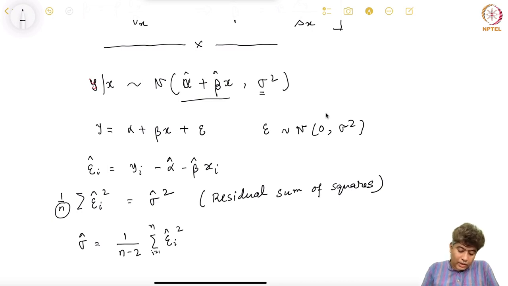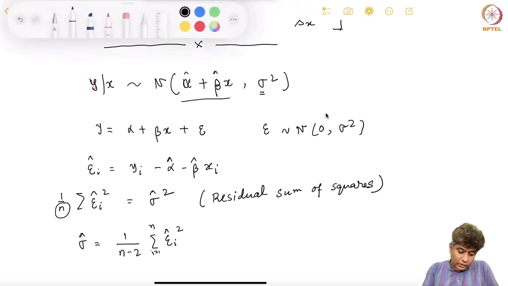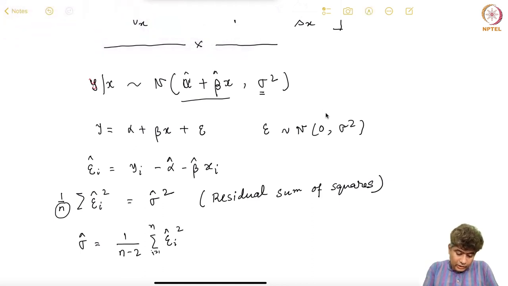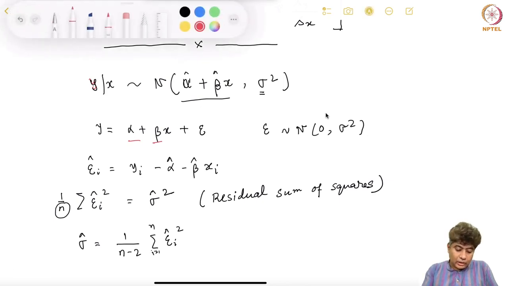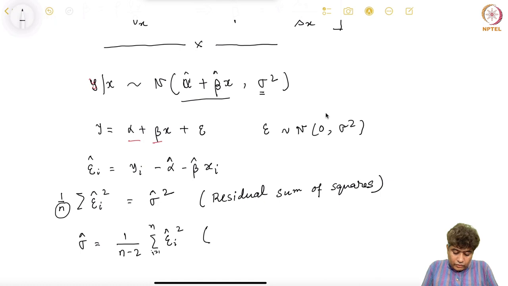Now why n minus 2? Because you are estimating two parameters here, alpha and beta. Because of that, you are losing 2 degrees of freedom. So this is the typical formula for the residual sum of squares or RSS.